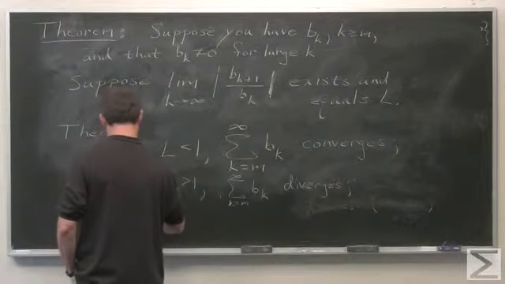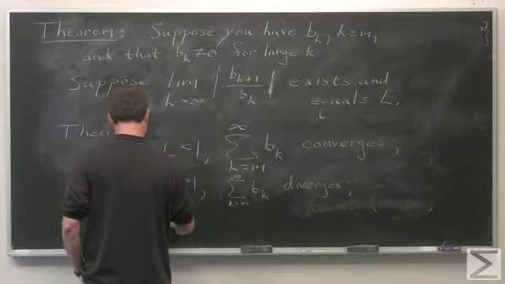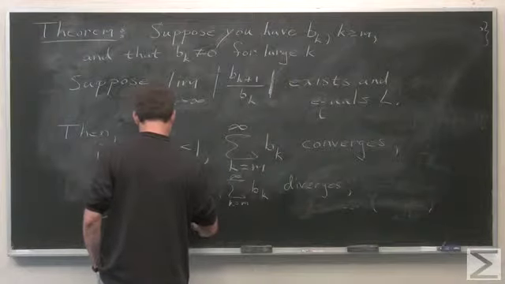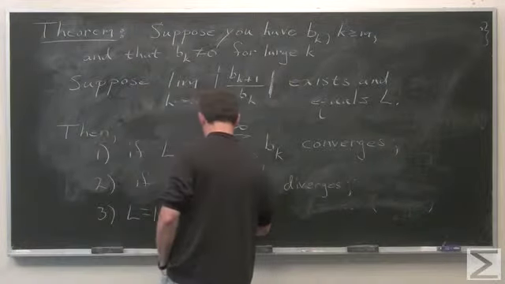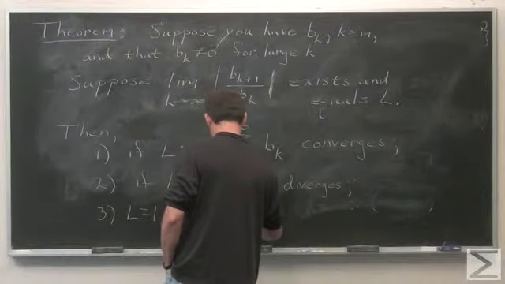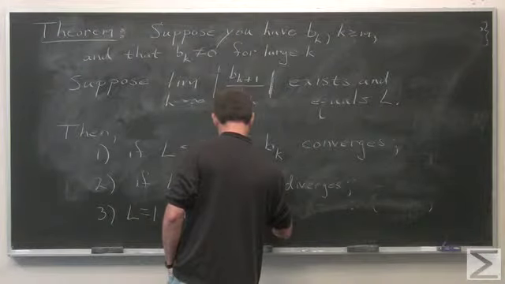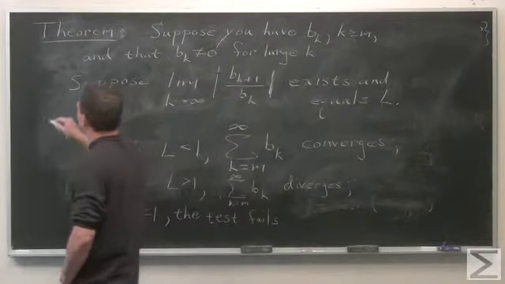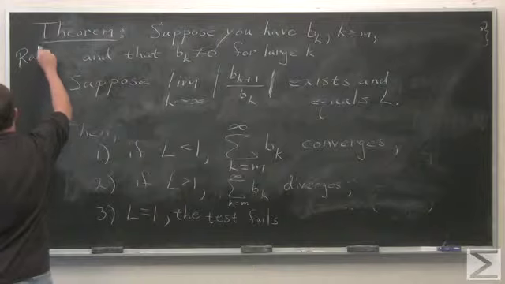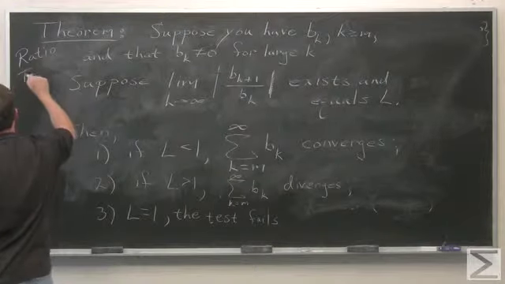If L equals 1, the test fails. It tells you nothing. You can't conclude anything. This is called the ratio test. The ratio test for convergence and divergence.